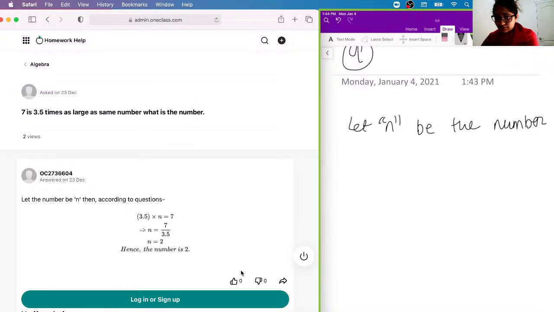So according to the question, 3.5 times the number we're trying to find is equal to 7. So we say 3.5 times the number, which is n, is equal to 7. So to figure out n, this is basically a simple isolating question where you have to isolate n and find the number.